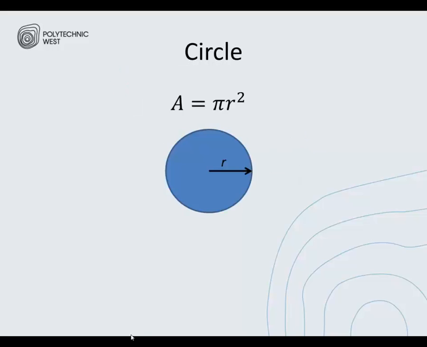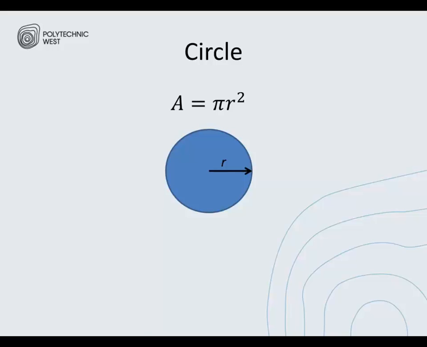Let's have a look at another estimation method, and this is my method of estimating circles. You see, the equation for the area of a circle, area equals pi r squared, is, well, unpleasant to deal with. Pi is this silly great number, 3.142 something something, and then you've got to do r squared.